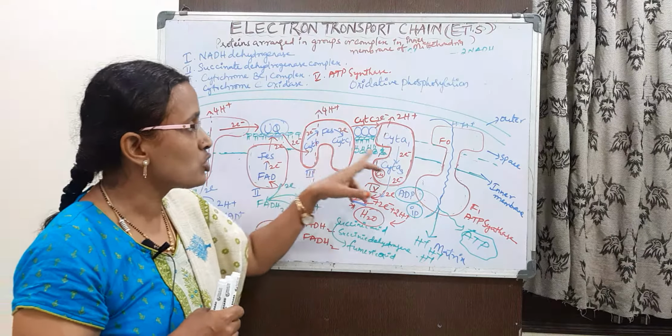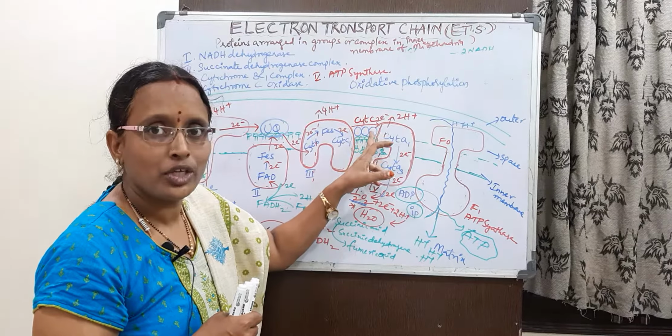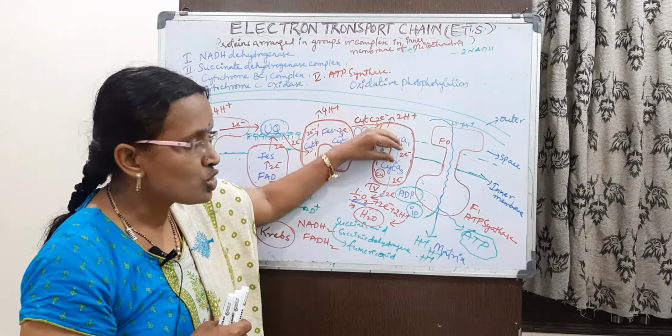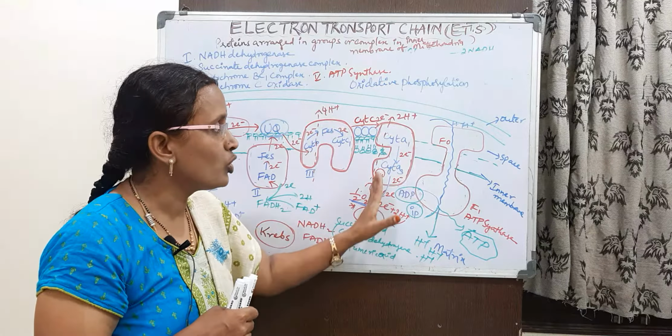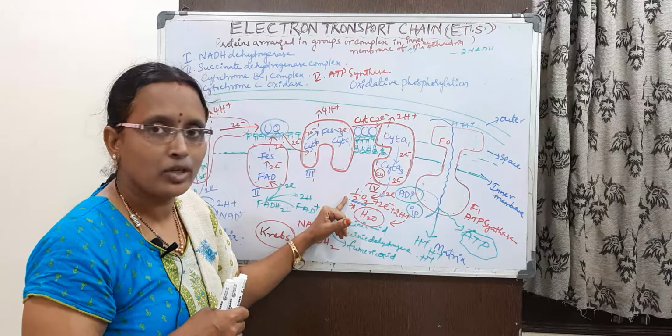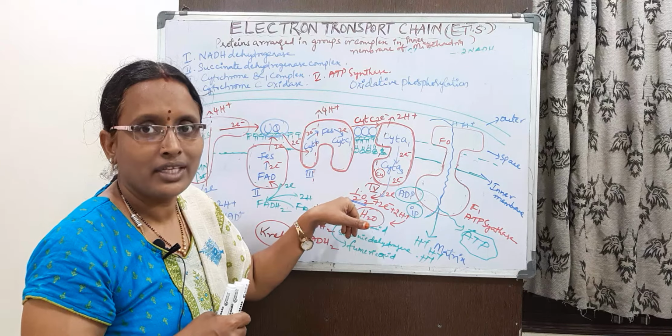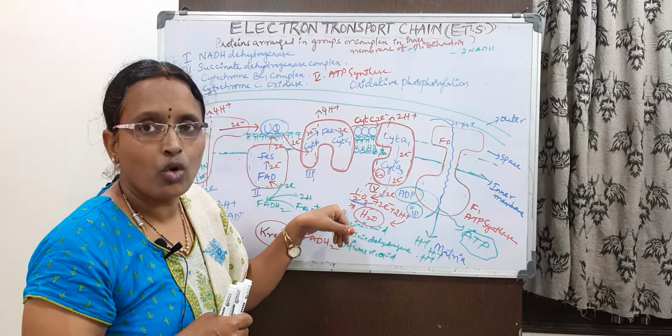From the third complex to the fourth complex, special proteins, cytochrome C, carry the electrons. From the fourth complex, the final electron acceptor is oxygen, which by accepting electrons and protons produces water.